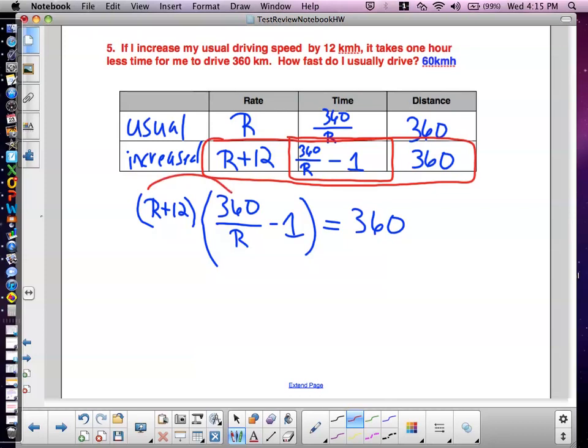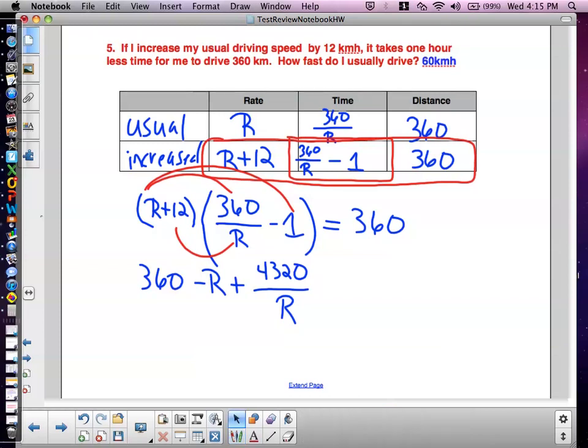So I have R times 360 over R, leaving me with just 360. R times negative 1. 12 times 360 over R. And then I have positive 12 times negative 1.